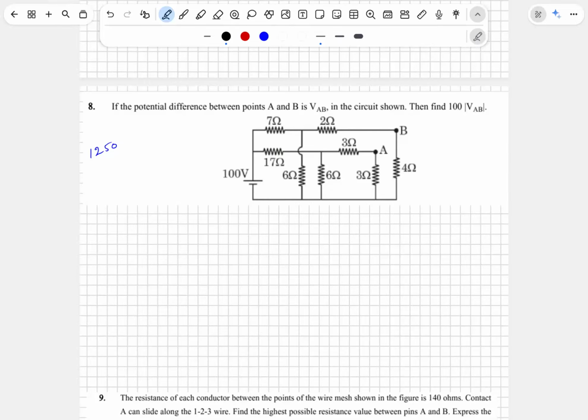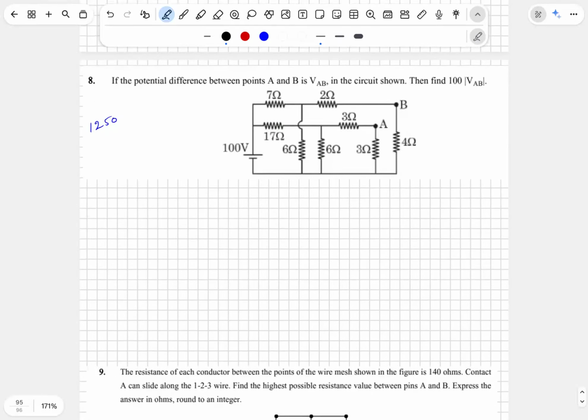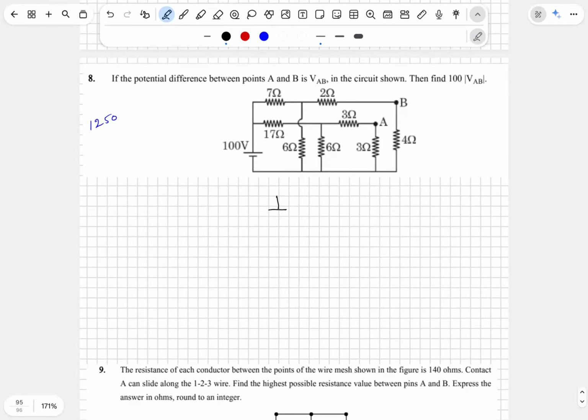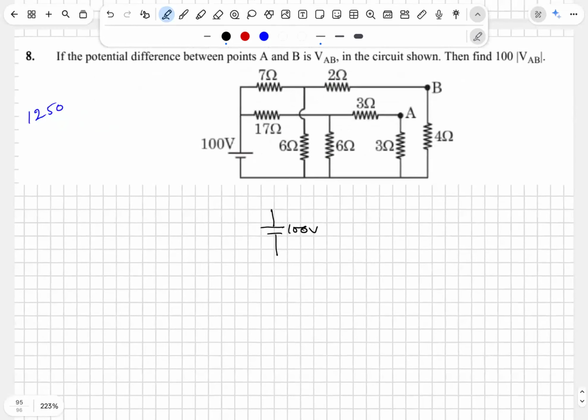Now, flip the circuit. 100 volts, 17 ohm, 6 ohm, 3 ohm.